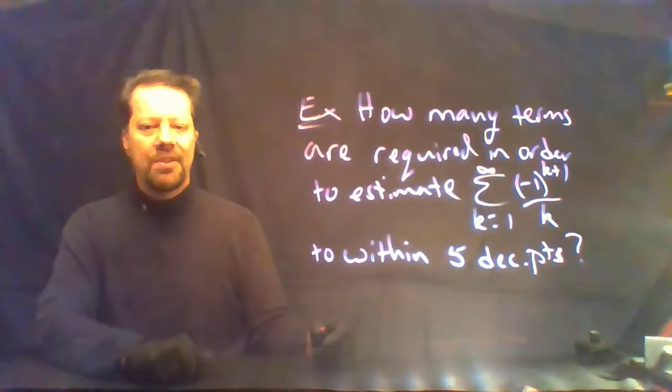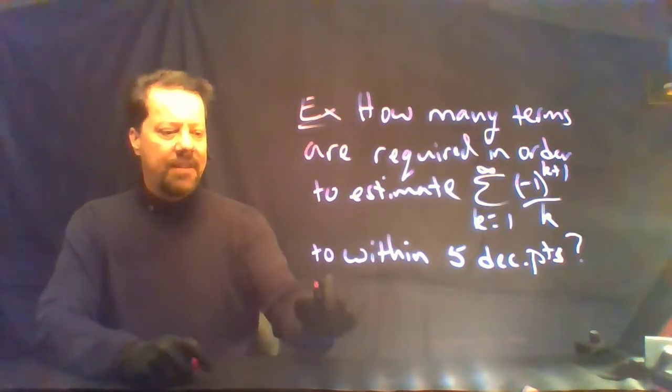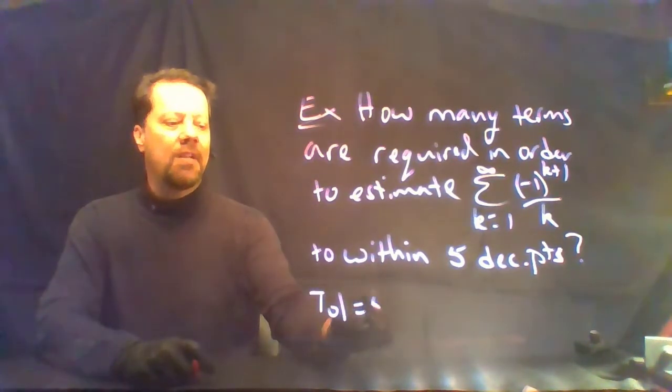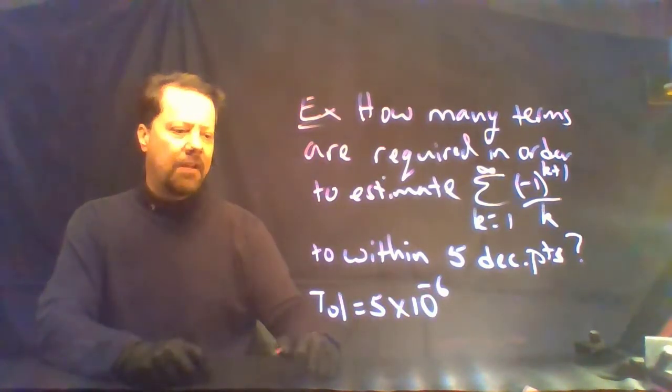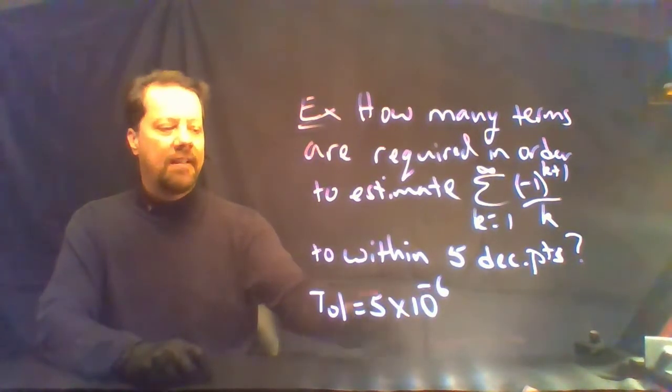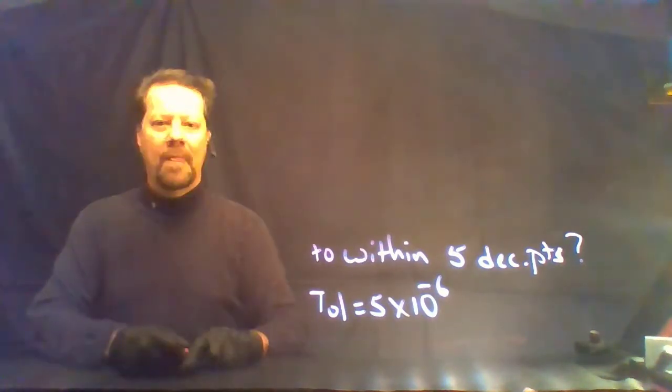How many terms do you need? That means our tolerance for error is going to be 5 times 10 to the negative 6. We have to be off by less than 5 in the 6th decimal place.